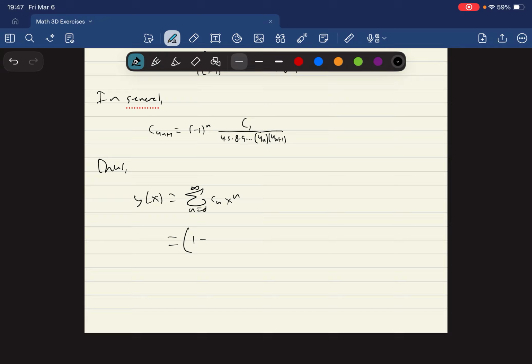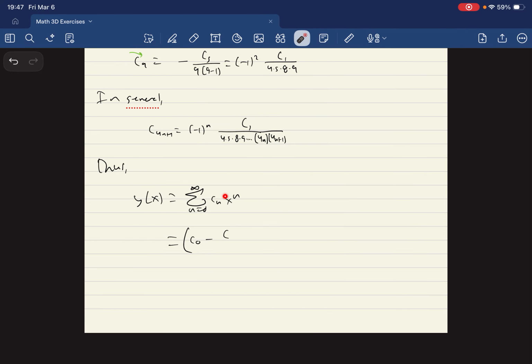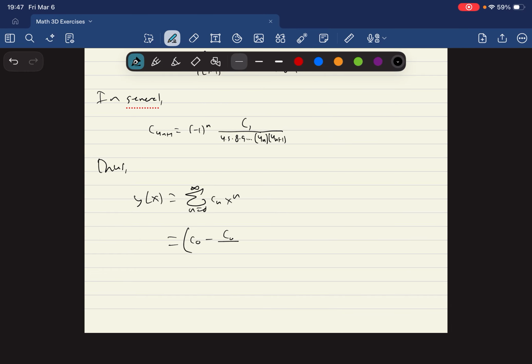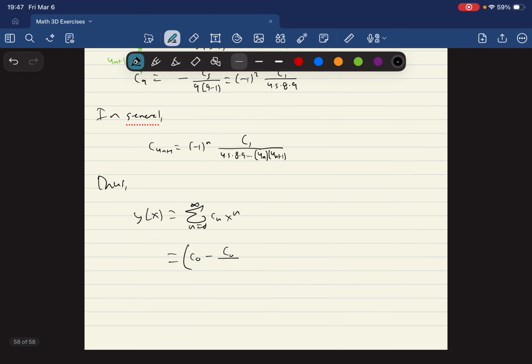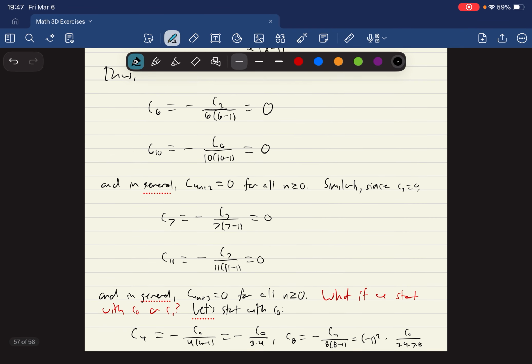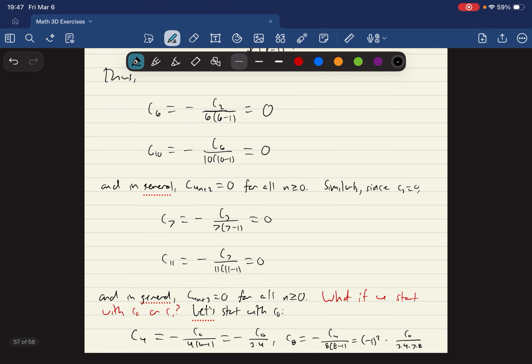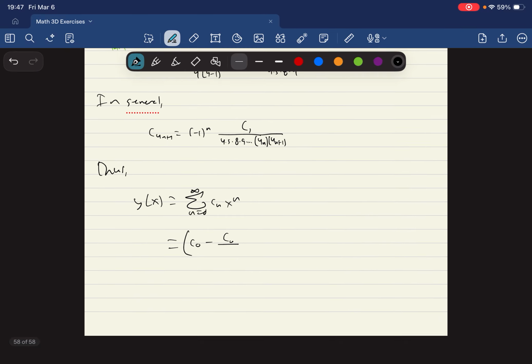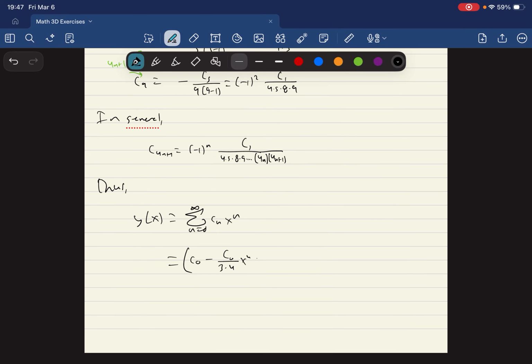So here I'm just plugging in all my coefficients back. We get C0, minus C0 over 3 times 4, x to the 4, plus C0 over 3 times 4 times 7 times 8, x to the 8, minus C0 over 3 times 4 times 7 times 8 times 11 times 12, x to the 12.